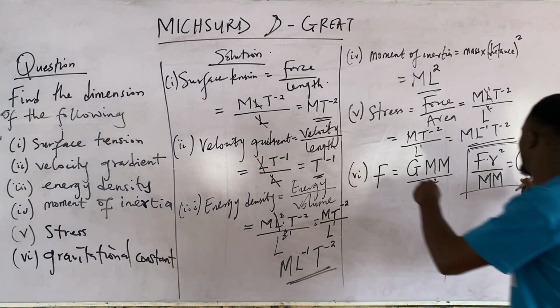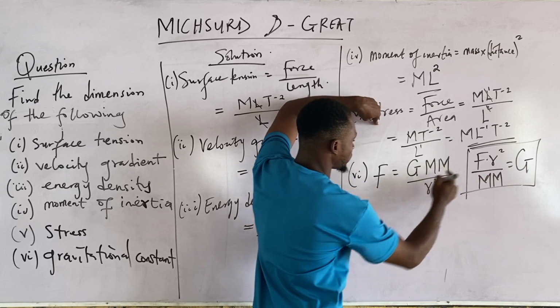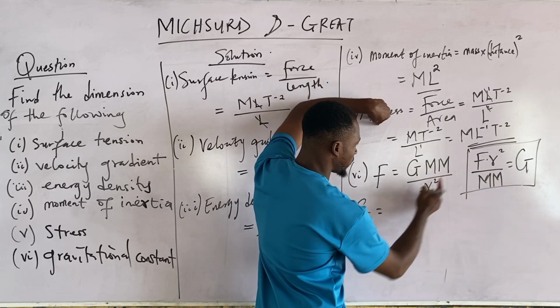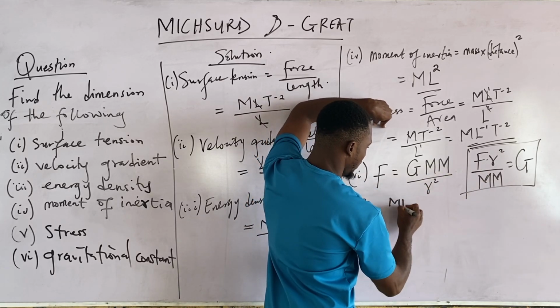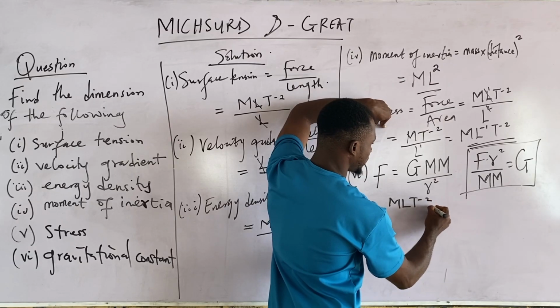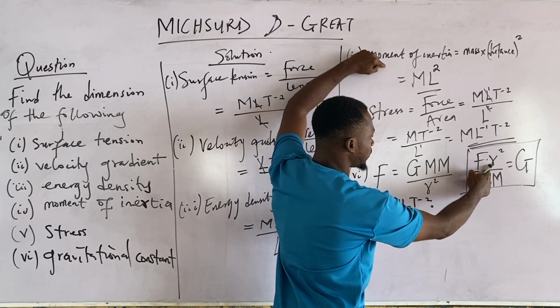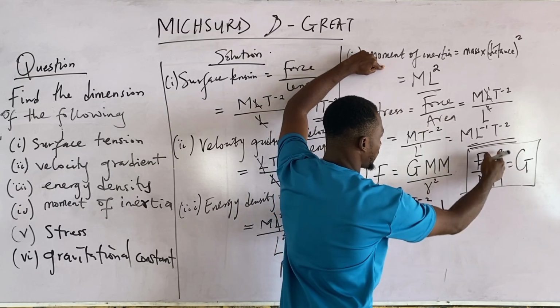With this, I can find the dimension of the gravitational constant. The dimension for force is MLT^-2. Then the dimension for the distance is L, and we have it squared.